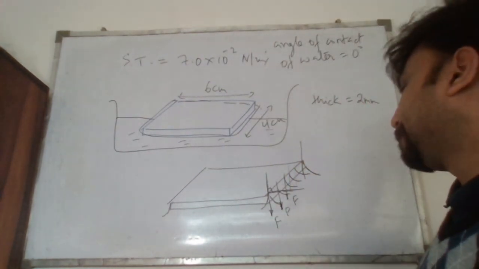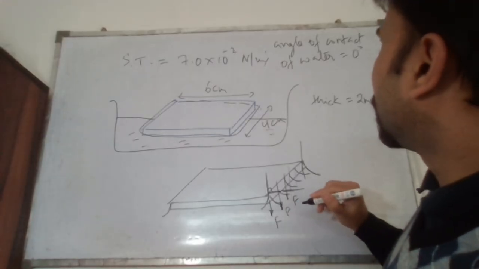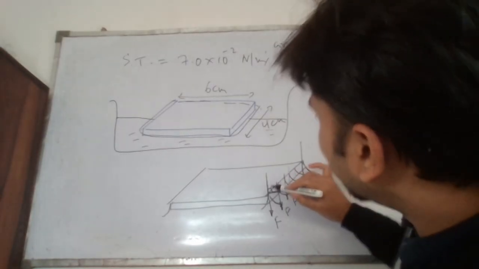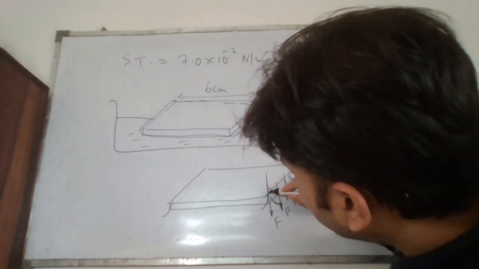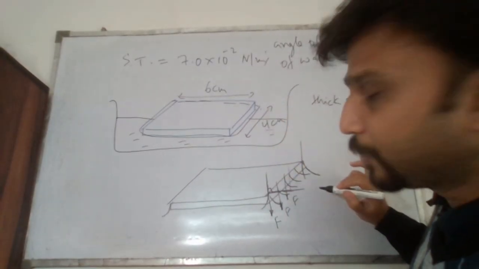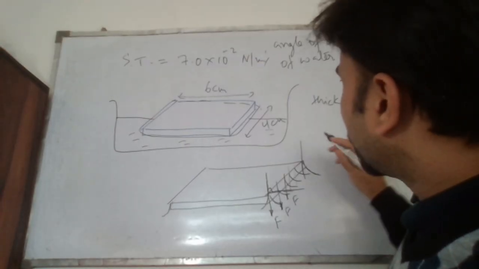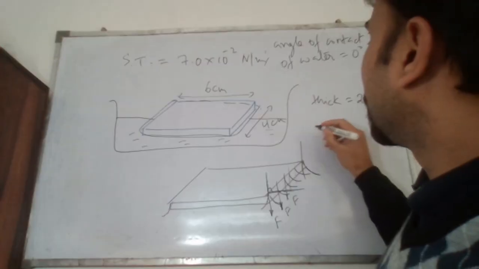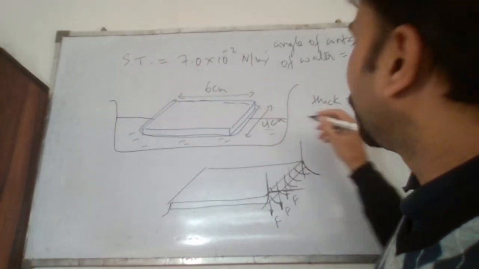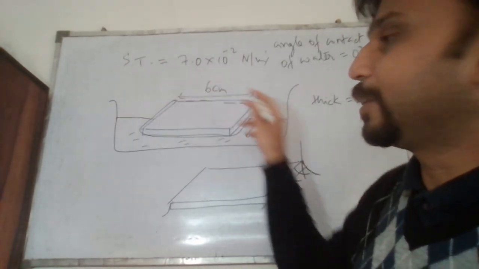I hope it is clear that the angle of contact of water is 0, so the normal makes an angle of 90 degree with the force. Simply speaking, we will multiply the surface tension sigma or ST with the whole perimeter of the plate.